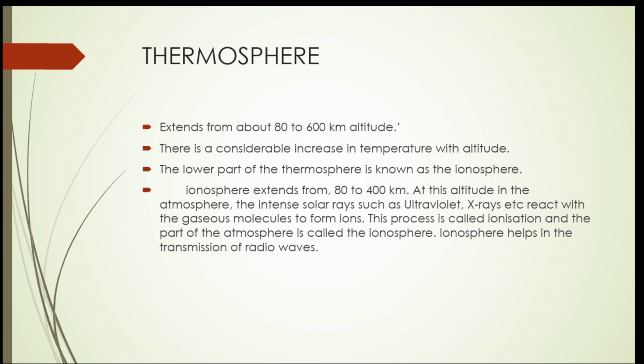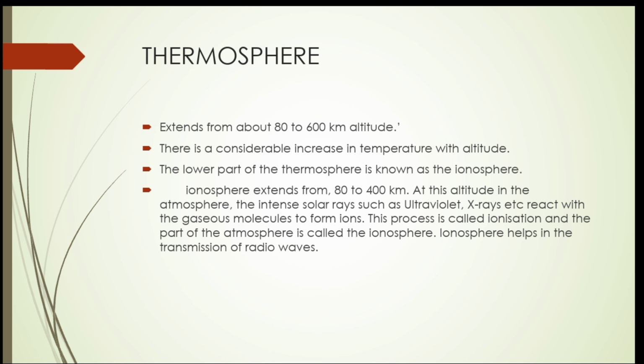We also spoke about how the temperature changes in each layer. In the troposphere, there is a decrease in temperature with altitude. That is, for every 165 meters, the temperature decreases by 1 degree Celsius. Then comes the stratosphere. The lower part is the isothermal zone, and beyond that, the temperature increases with altitude.